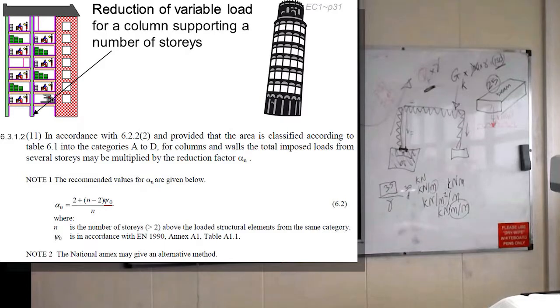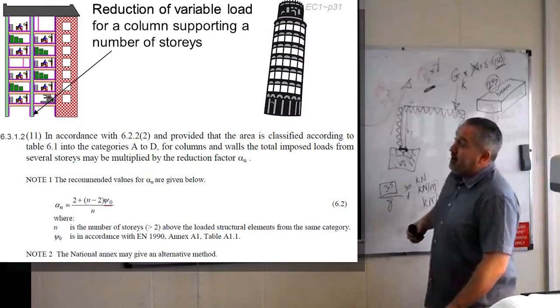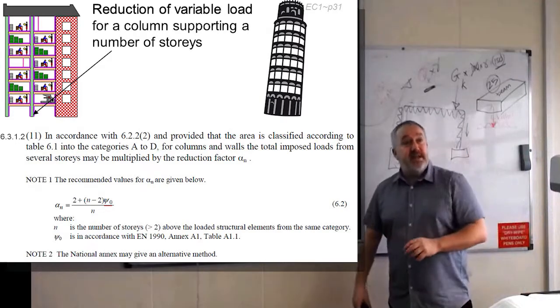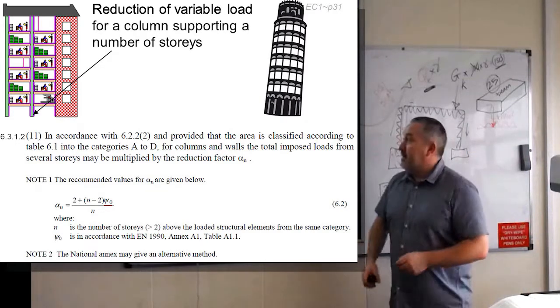So what's the chances that all of the variable load is over here on every floor and loading up? This equation says highly unlikely.